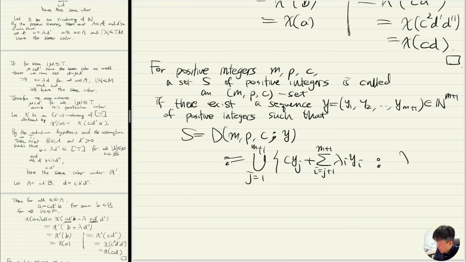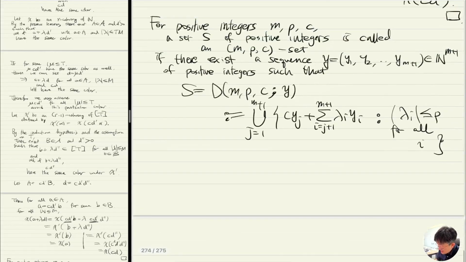And here lambda i is at most p for all i. Right, so that's what's called the Mpc set. So a set is an Mpc set if there exists a sequence y1 up to ym plus 1 such that your set is equal to this.